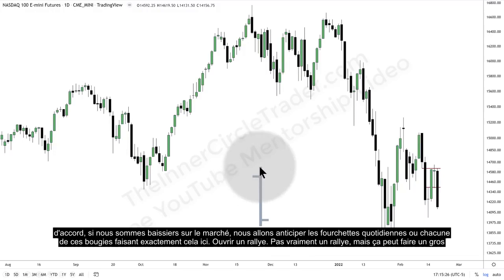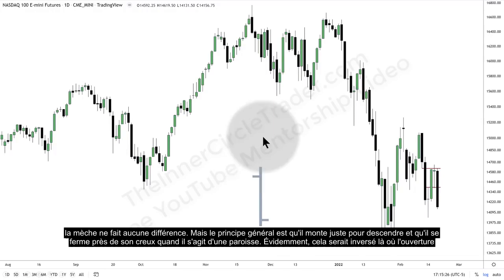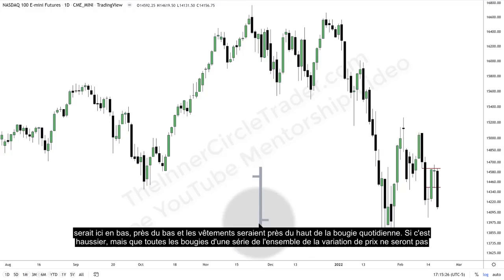Open, a rally, not much of a rally, but it can make a large wick. It doesn't make a difference. But the general premise is it goes up just to go down and it closes down near its low when it's bearish. Obviously, this would be reversed where the open would be down here near the low and the close would be near the high of the daily candle if it's bullish.